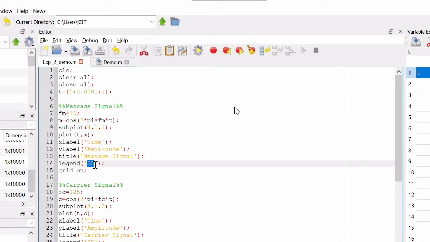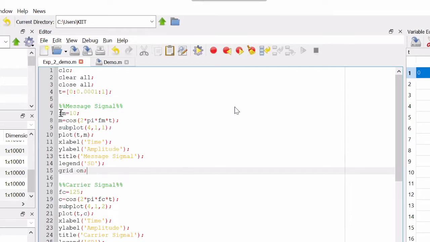Instead of this, you are going to write your roll number, so that we will know that at least you have gone into detail and put your roll number in the legend. From now onwards, if you are producing any graph, make sure that you give this legend and then in brackets write your roll number. And here I am keeping the grid on. Grid on and off, we will discuss later, and what the effect of this is.